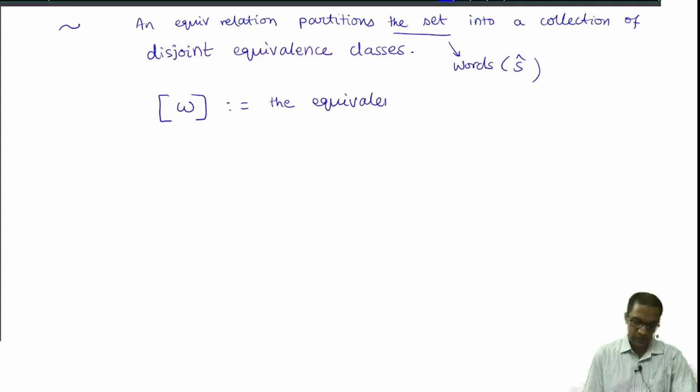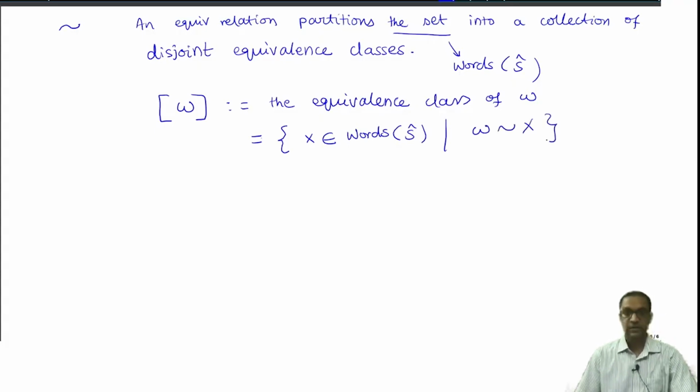This is the equivalence class of W, which by definition is the set of all words X in the collection of words of S hat such that W is equivalent to X. So collect every word which is equivalent to W. That collection is called the equivalence class of W, and of course this is a subset of the set of all words in S hat.